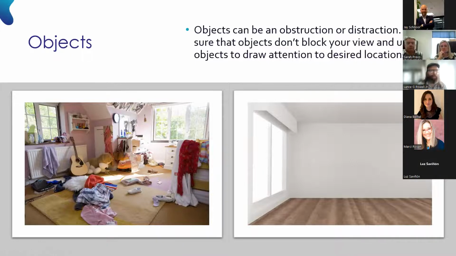So if there's some important piece of equipment or some interesting action happening here, you can use objects to lead the viewer in the right direction. That's at an advanced level, but at the very least make sure that there's a clear line of sight and it's not too far away. But you can use objects as well.